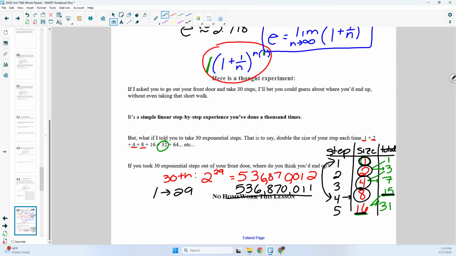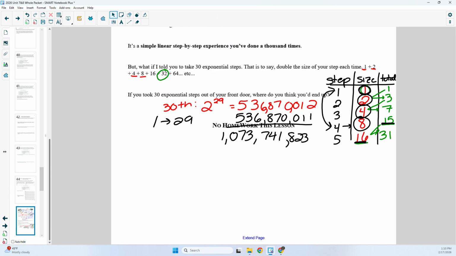So if I add those two together, that is going to give me 1,073,741,823 steps. Okay, so you can already see you were probably wrong with your prediction. But we're going to actually compare this to something physical that we can think about.